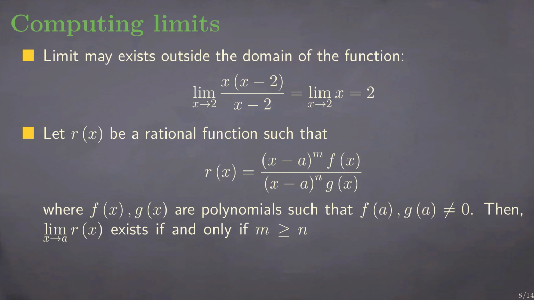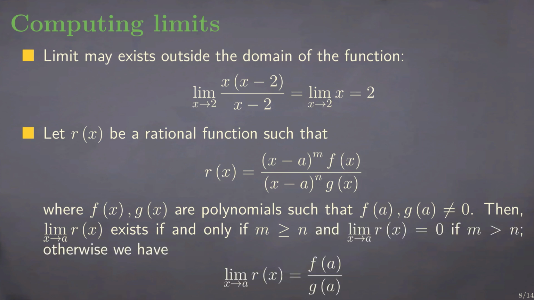And we can say more about the case where the limit exists. In fact, if m is strictly greater than n, then the limit is 0. Otherwise, the limit is the quotient f(a) divided by g(a).